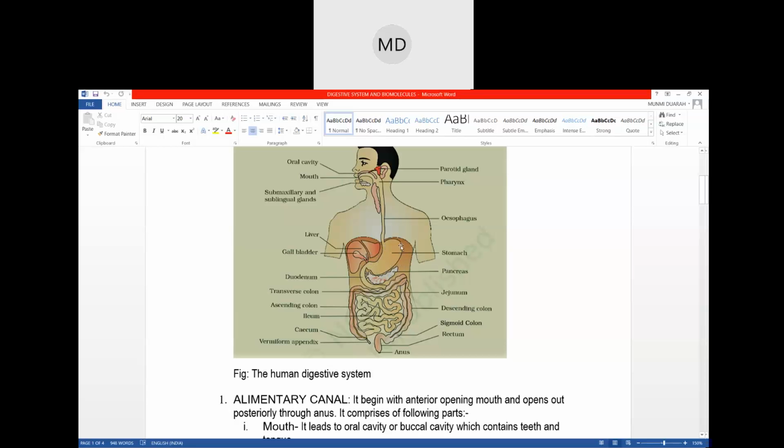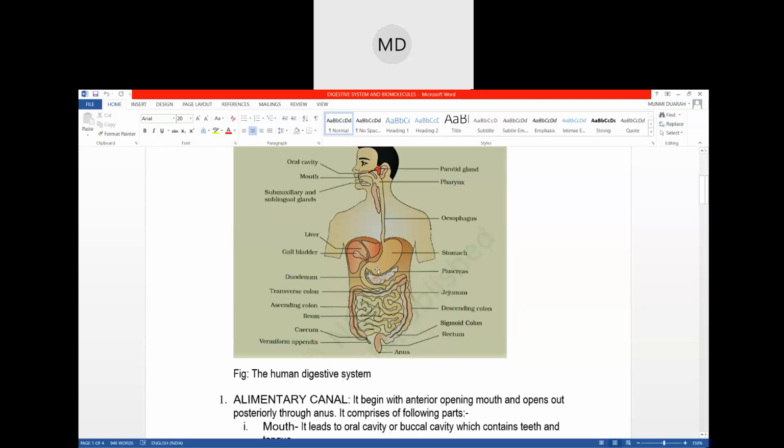This bag below your chest is known as the stomach, not the entire portion. This whole portion is the abdominal cavity, the abdomen, not the stomach. But generally we call it stomach, right? But that is not the stomach, it is the abdomen.